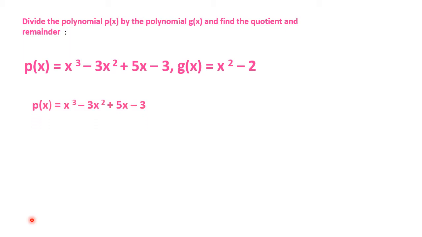Px will be placed in the position of dividend, where we usually keep the dividend. In that place, we are going to place Px. And what about Gx? Gx will be the divisor. Why? Because the degree of Gx is less than the degree of Px.